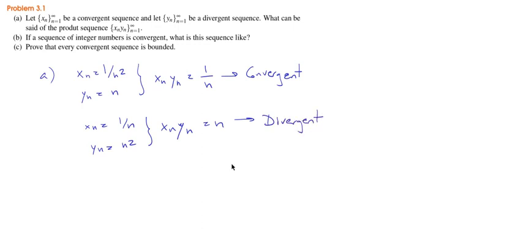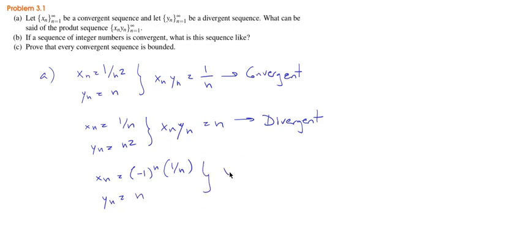But even more, you could have x sub n as minus 1 to the n times 1 over n, and we know this is convergent, it converges to 0, even though it's an alternating sequence, and then y sub n is n.